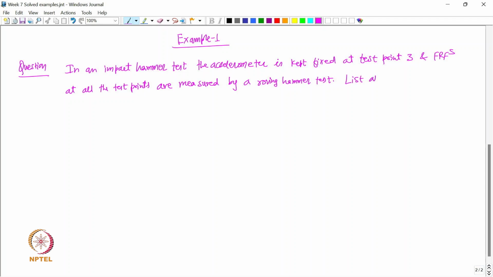List all the FRFs that will be measured if there are 5 test points. So, let us solve this problem.